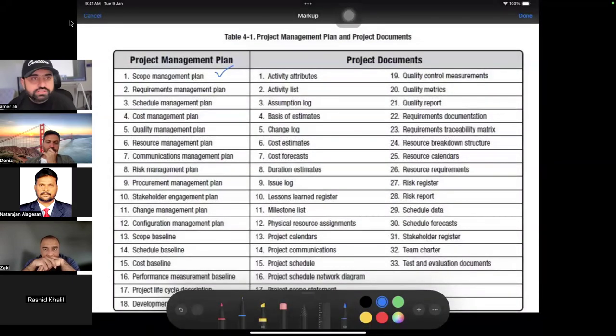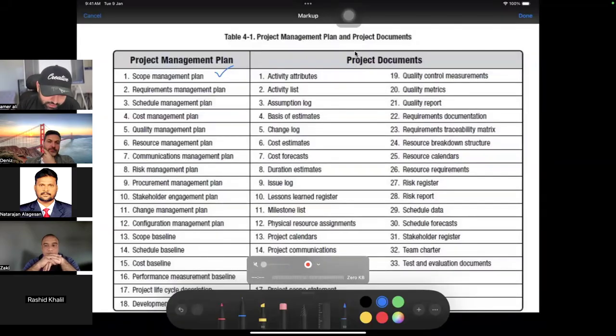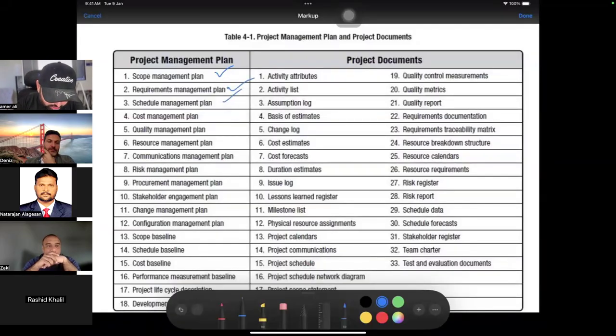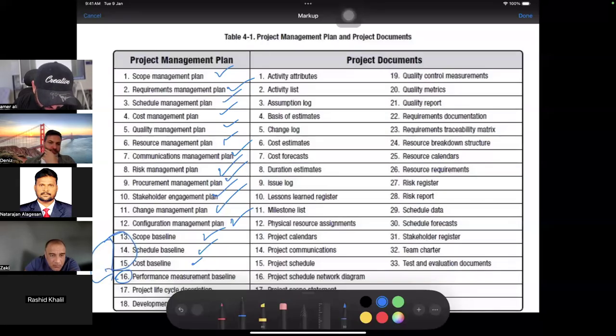The scope management plan, we discussed, defines the scope of the project and how the process will occur. Then the requirements management plan, schedule, cost, quality, resource, communication, risk, procurement, stakeholder, and change management plan, which talks about the changes in the project. The configuration management plan talks about the changes in the product. Scope, schedule and cost baselines: when we combine all three, we get the performance measurement baseline.